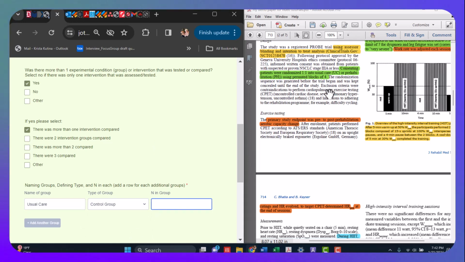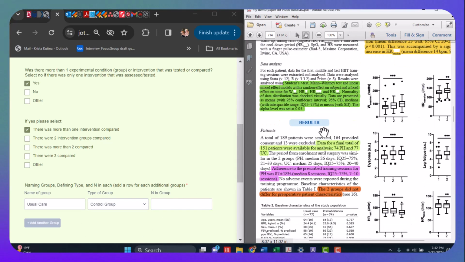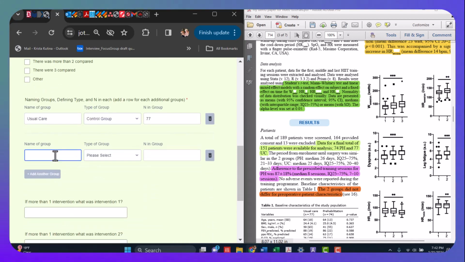And just to make sure, in the usual care, there were 77. They actually listed it second here, but in the results down here, they listed it first. So I'm going to keep this first. And then you just click it here and add another. And then the other one they called prehabilitation.